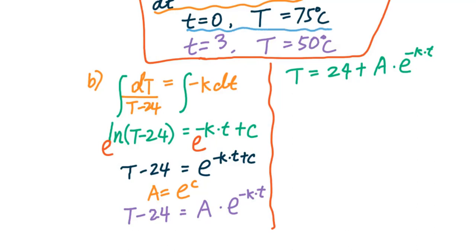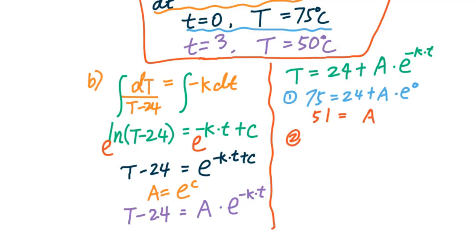Substitute the first initial condition. You will get 75 equals 24 plus A times e to the 0 power. Then you will get A equals 51.